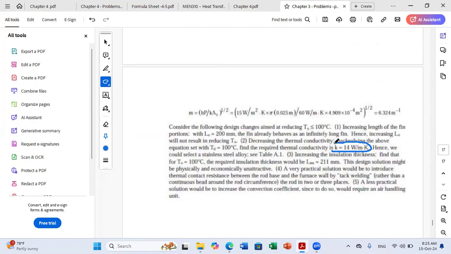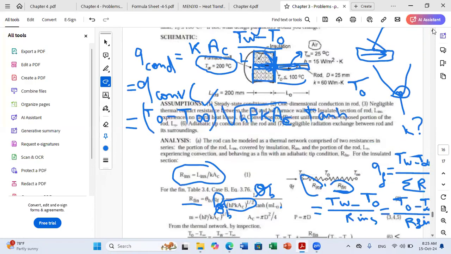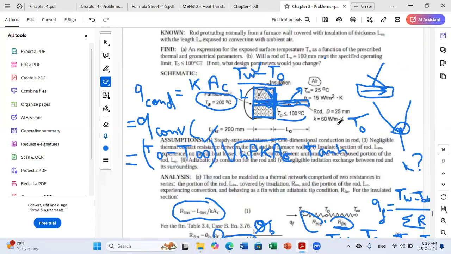So we can say then that to select an appropriate material, we go to a certain table of materials and we select a material having this value of K. For example, you can select here stainless steel alloy, which is characterized by a conductivity of 14 watt per meter Kelvin. Okay, so here we can understand why we had a value of K lower than 60.